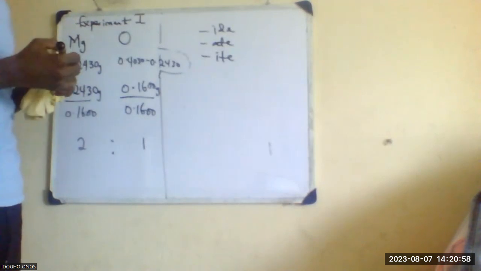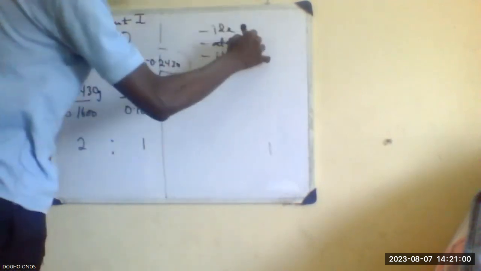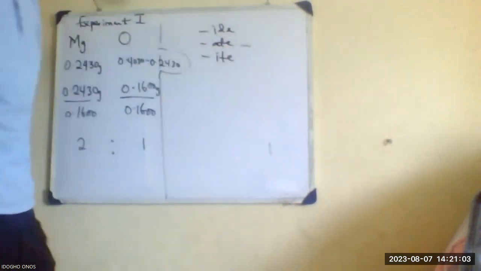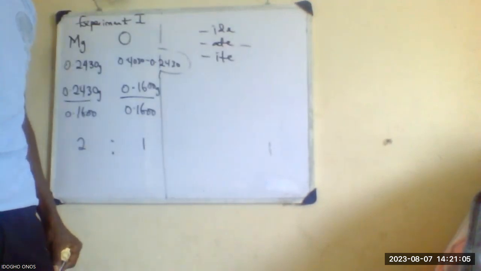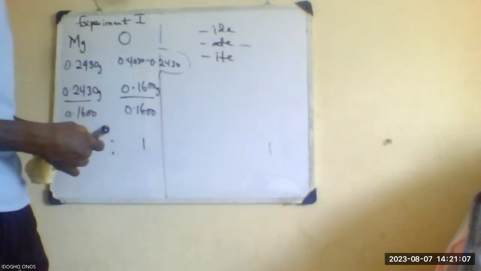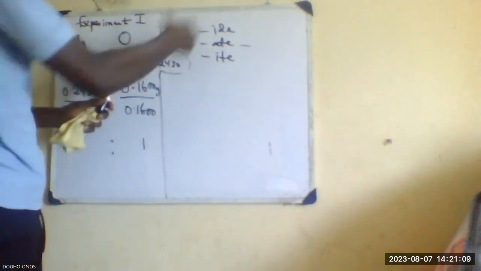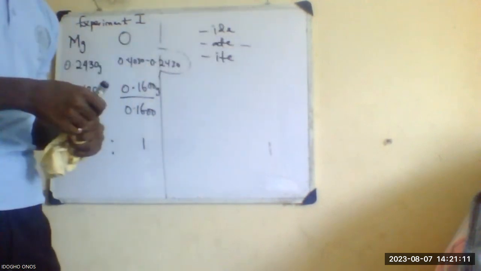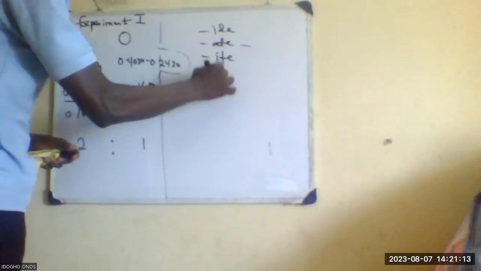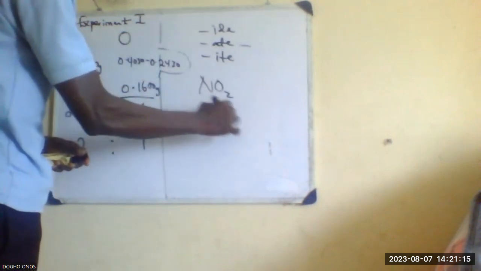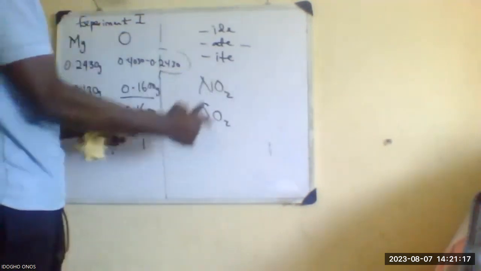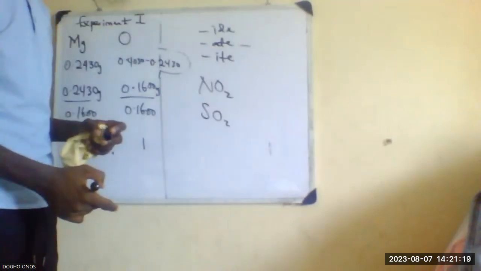When you are looking for ATE, it has to do with when there are 3 elements. That is obviously the one in the middle. IDE is when it is 2 elements, like NO2, SO2, nitrogen 4 oxide, sulfur 4 oxide.